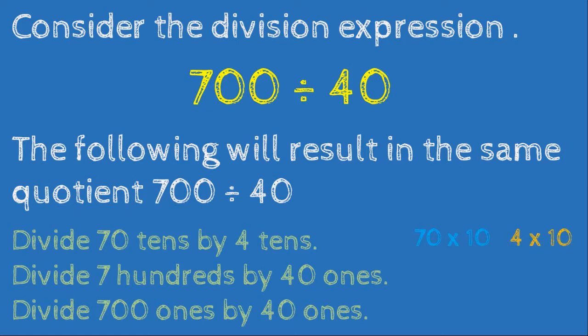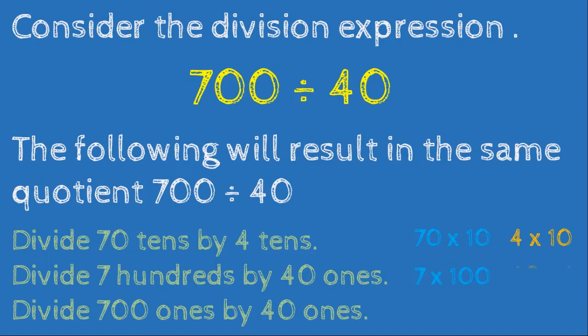How do we know that? Well, if we divide 70 tens, what does 70 tens mean? 70 times 10. 70 times 10 equals 700, which is our original number. And 4 tens, 4 times 10 is 40, which is also our original number. Then we divide 700s. 7 times 100 equals 700.